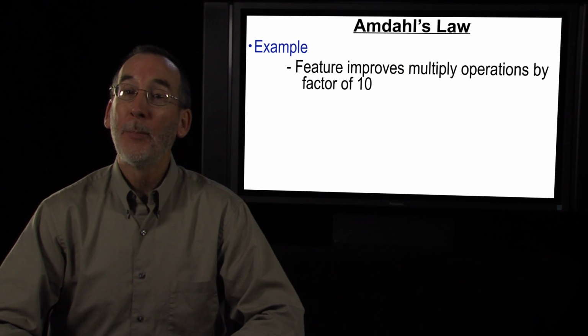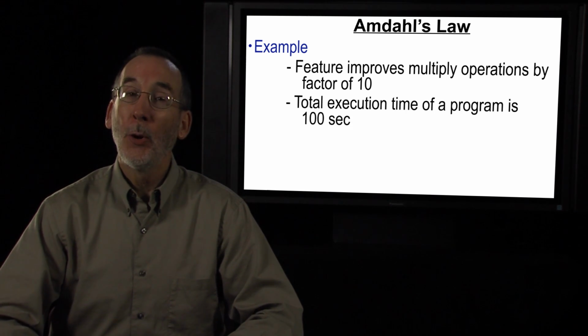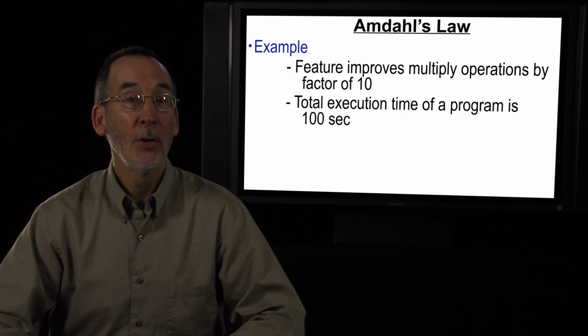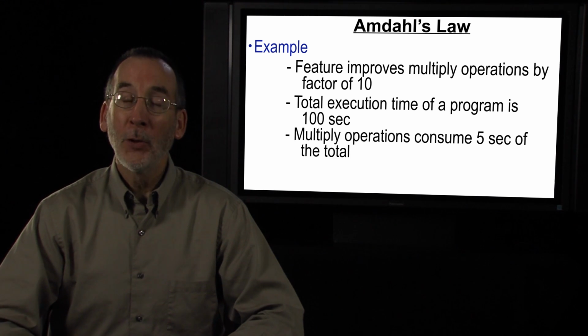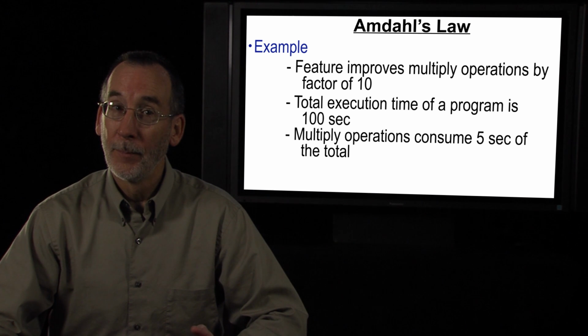Let's take an example of a multiply. Let's say that a feature improves a multiply operation by a factor of 10, and that the total execution time of my program is 100 seconds, and that multiply operations consume 5 seconds of this 100 seconds total.